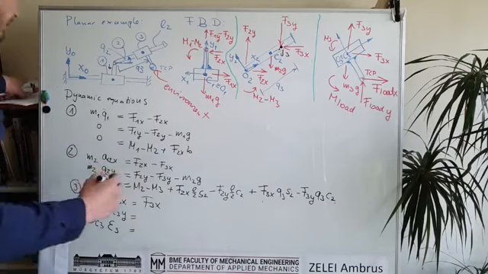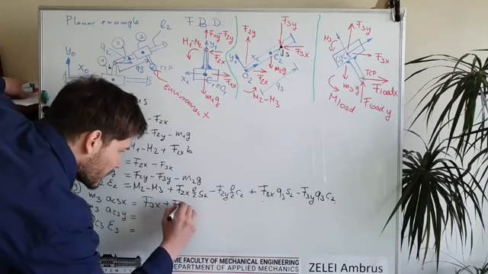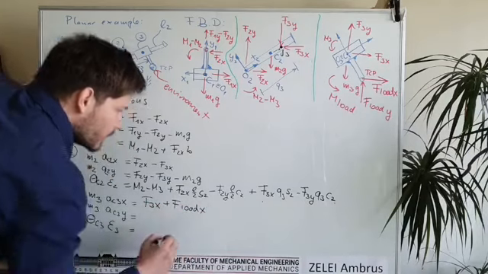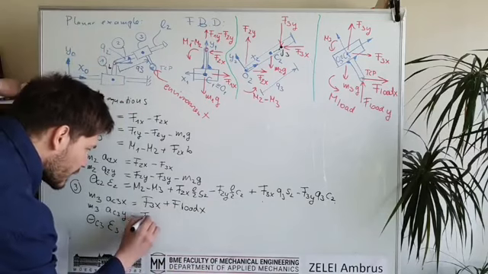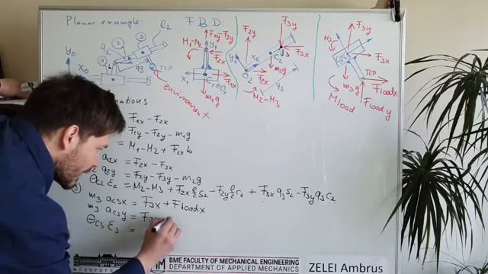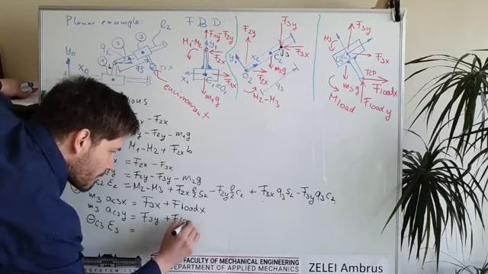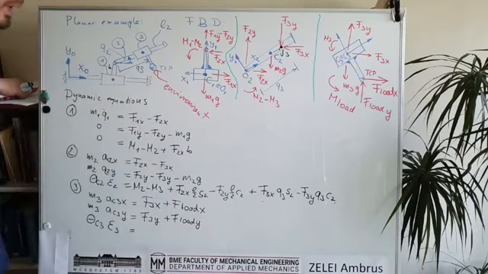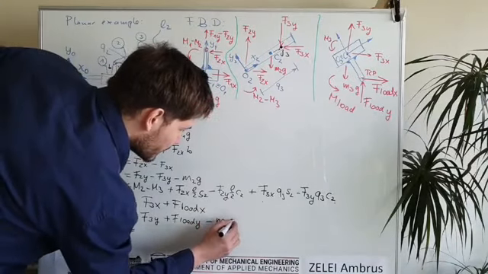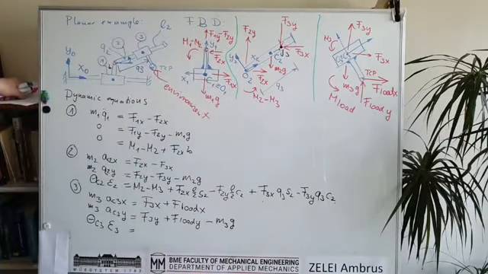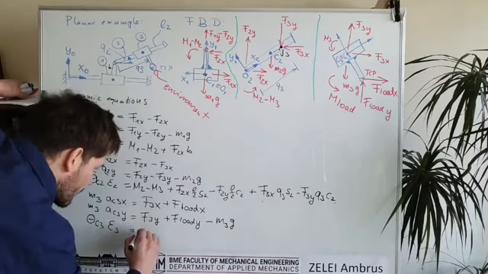So here we see that there is also the x component of the loading force, and in vertical direction it will be exactly the same, but everything is y component, and additionally we have the gravity, and finally we have the sum of the torques.